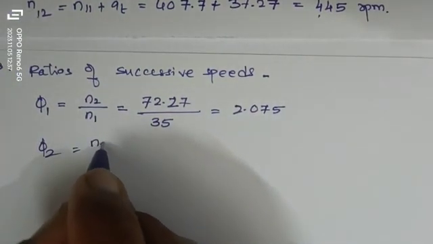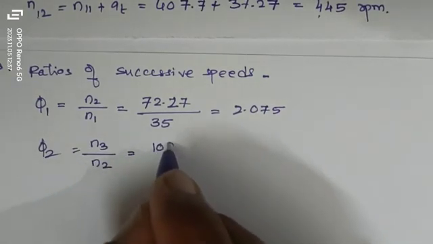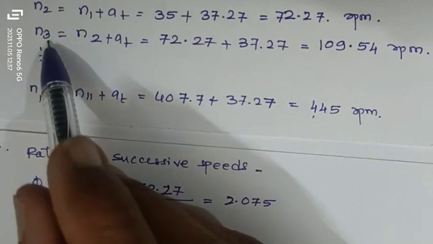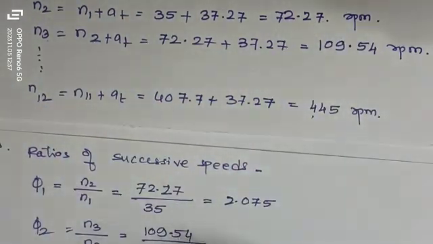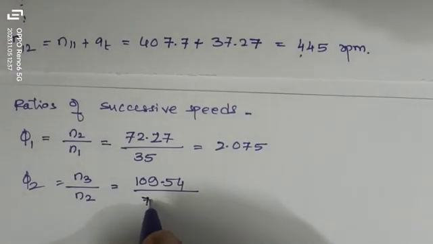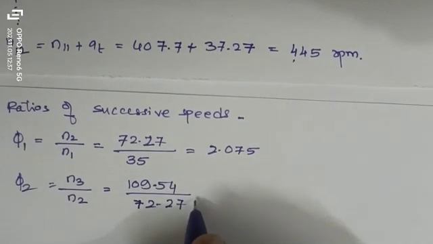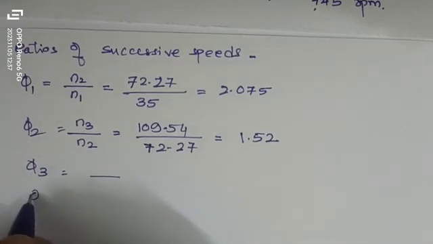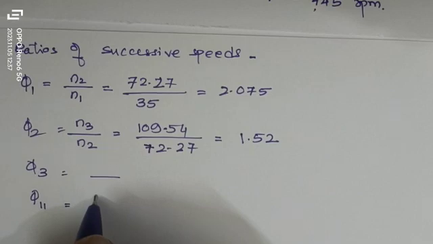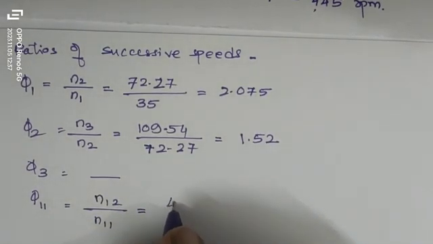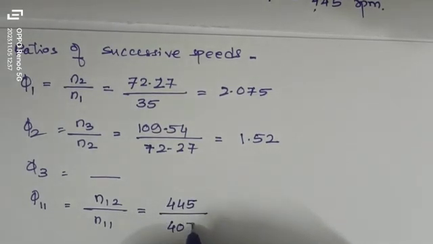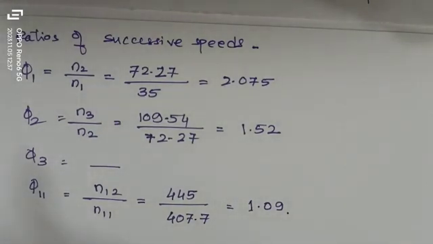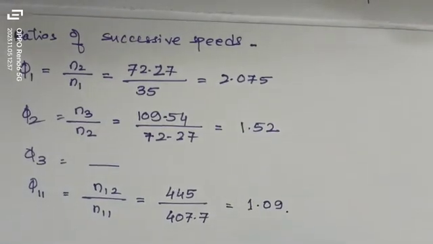Similarly phi 2, that is n3 divided by n2, that is 109.54 divided by n2, which is 72.27. So I'll get 1.52. Similarly phi 3, phi 4 and up to phi 11, that is n12 divided by n11, that is 445 divided by n11, which is 407.7, that is equal to 1.09. So this is step 3 where we calculated ratio of successive speeds.